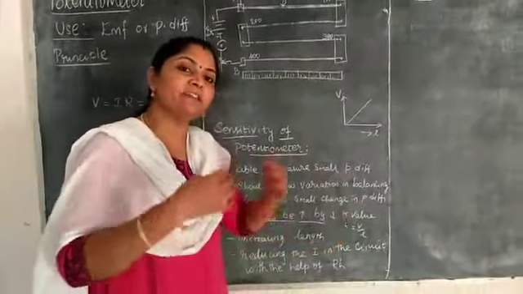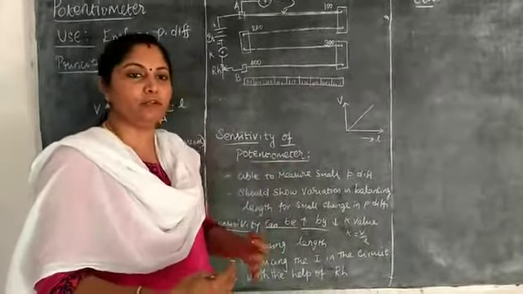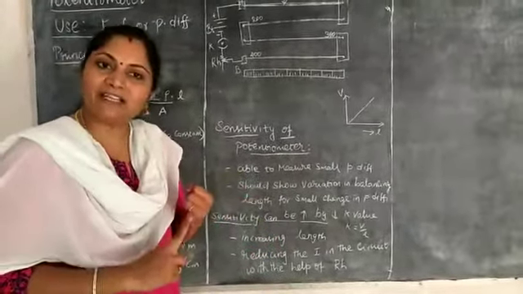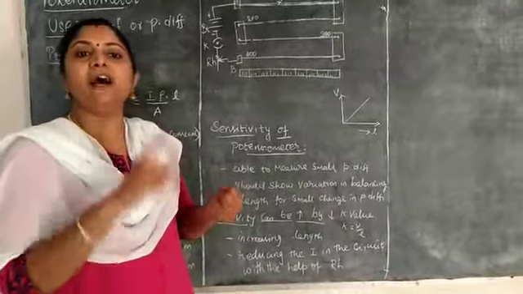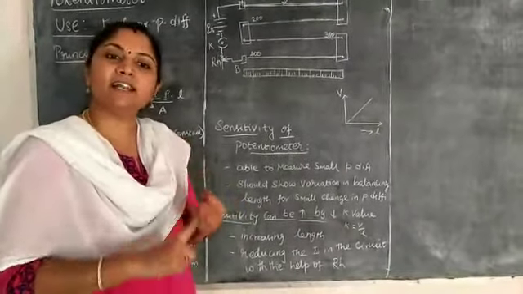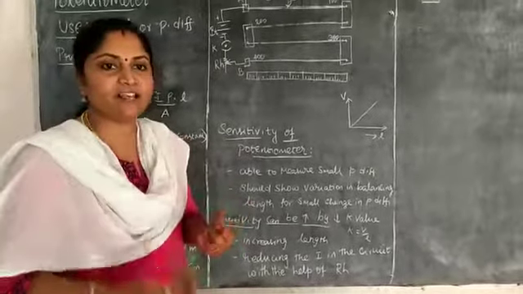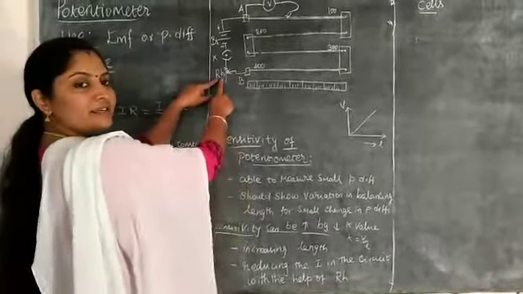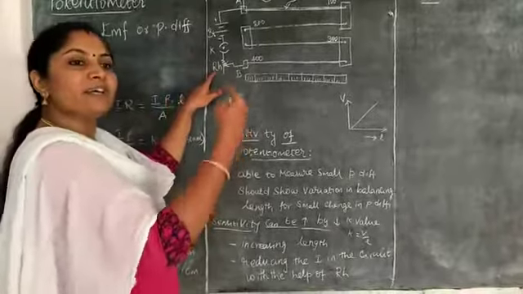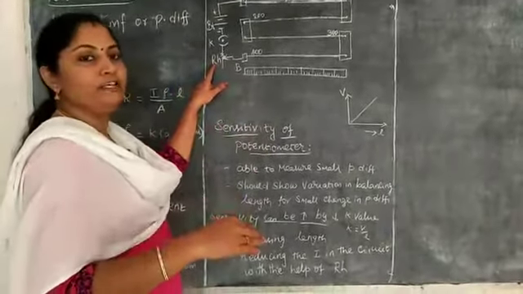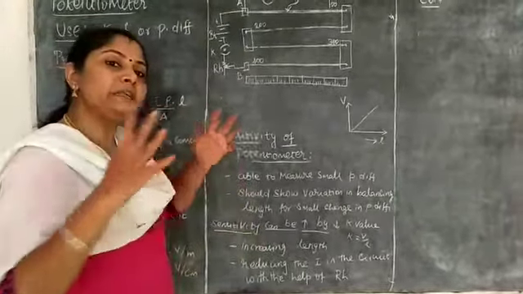Now how can we maintain a small K value? By increasing the length of the wire and by decreasing the current flowing through the potentiometer wire with the help of the rheostat. Using the rheostat we should reduce the current value as well as increase the length.